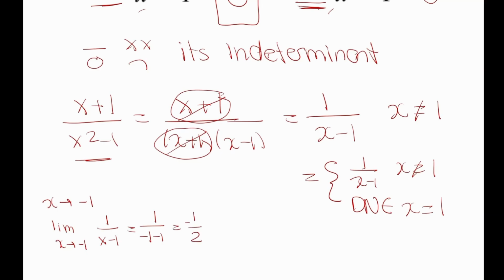This is okay. This tells me that the limit does exist here and that my limit as x approaches negative 1 is negative 1 half. What does this really mean? Well, it just means that as x approaches negative 1, the y value approaches negative 1 half.